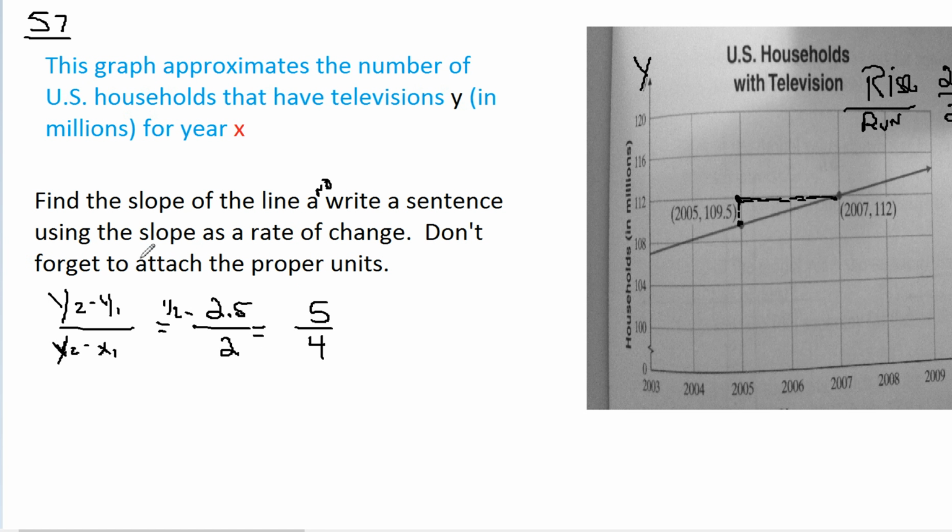And what does it mean? Write a sentence. That means, let's see, what does that mean? 5 million, this is in millions here. They told us that in millions, somewhere up here, televisions. So that means 5 million televisions, TVs, are sold every, or not sold, but was it for every 4?